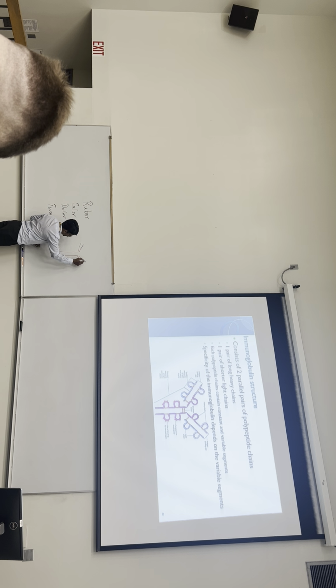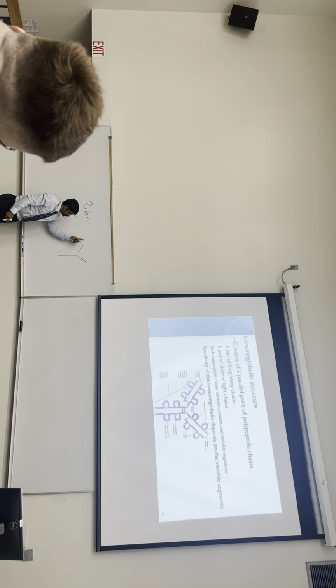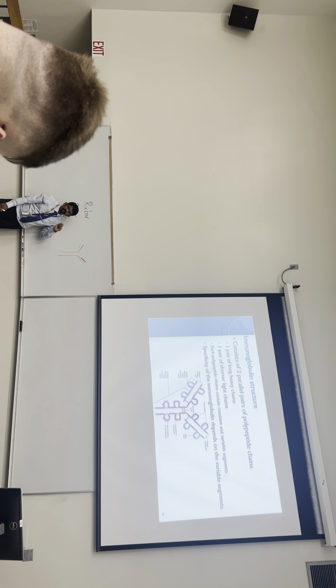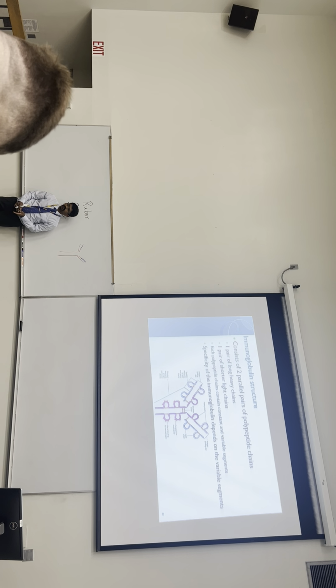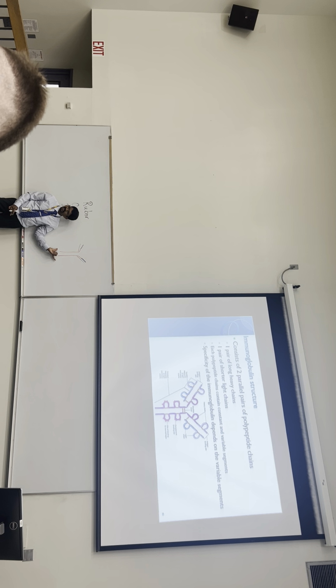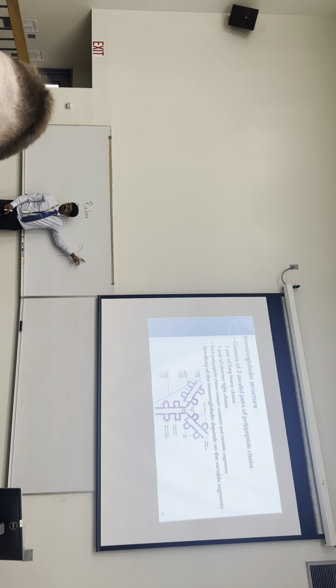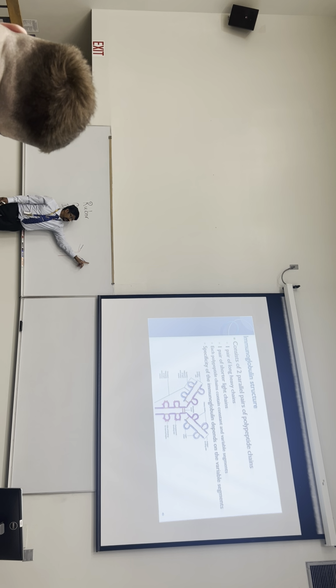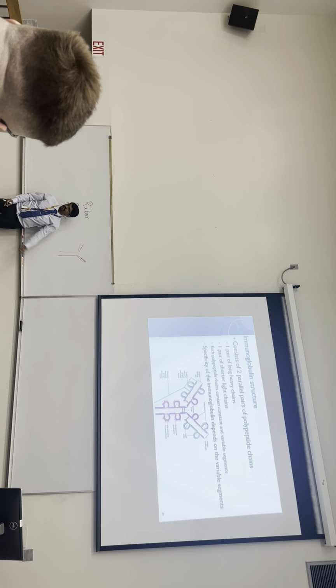So in this drawing, red and blue are one molecule, the orange and green are one molecule. There are different parts. We're going to talk about how one part is considered the constant part, which is going to be the red and orange, while this is what's going to be different. If these two molecules or parts of these molecules are different, they will be able to attach different antigens.